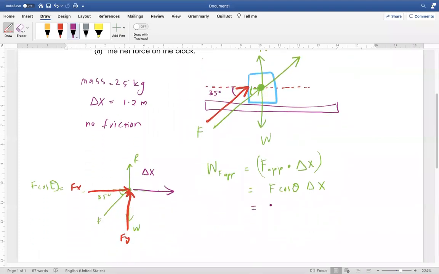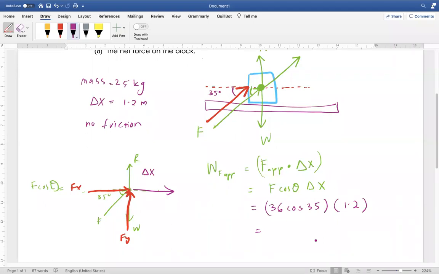So displacement is to the right and F applied is 36, cosine is 35. Displacement is 1.2 meters. If this is in centimeters, always convert it to meters. Your SI unit is newton meter or joules. Always, always, always convert to meters. So this will give me, I don't have a calculator. Ada tak nampak calculator saya dalam kelas?